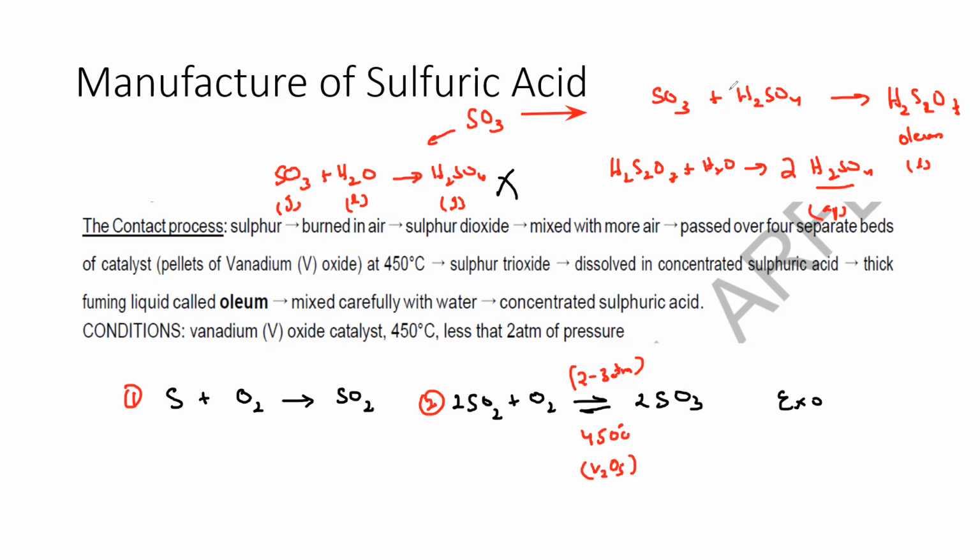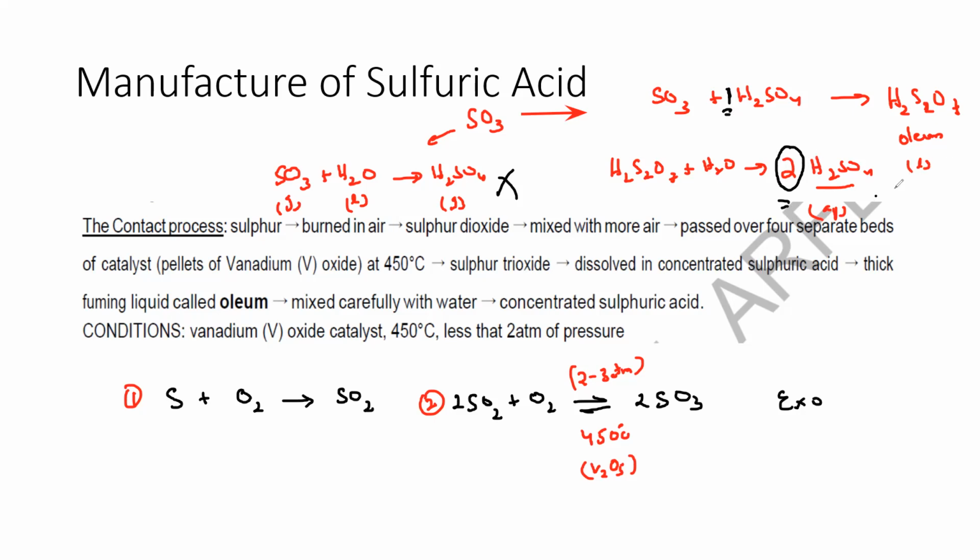The second thing, we add only one molecule of sulfuric acid. When we add one molecule of sulfuric acid, when they combine, two molecules of sulfuric acid are produced. So at the end, we are getting both of them, the one which is added and the one which is formed.